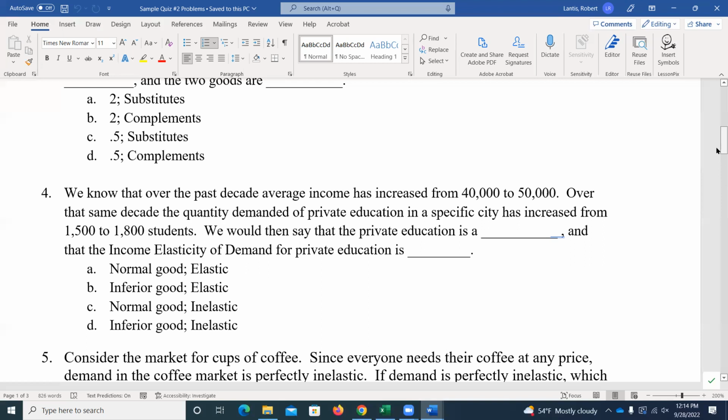If it's equal to 1, we said it's unit elastic, which means that if it's greater than 1, that's when we see that it's elastic, right? That people are really responsive. So here we had what type of demand? It was negative 0.33. Take the absolute value, 0.33. So within that range of 0 to 1, we say that it's inelastic. Okay.